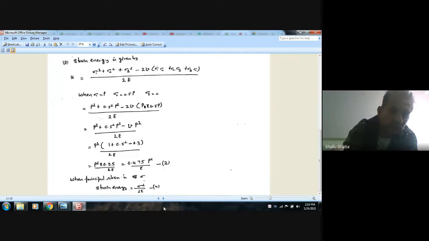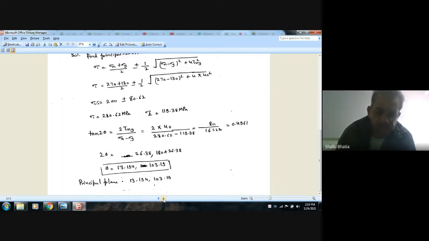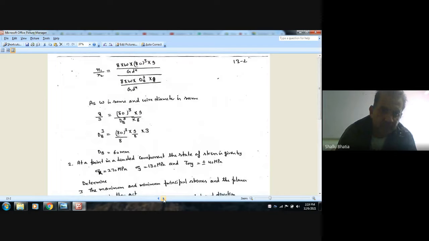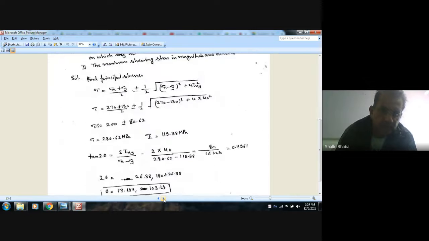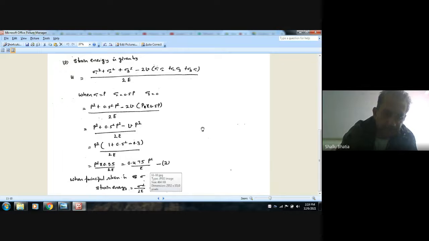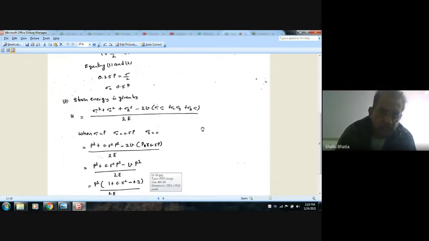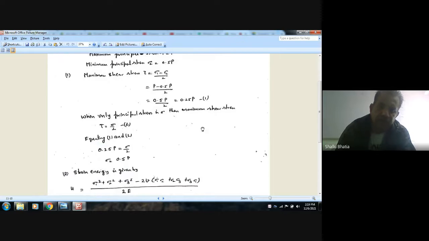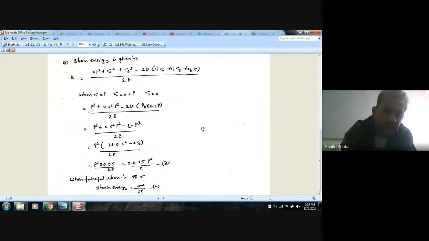Equate these two and find out P. Similarly, according to distortion energy theory, you can also find out. Okay.